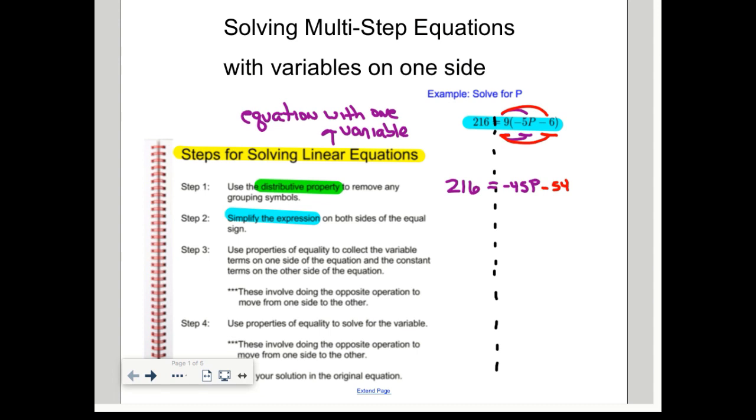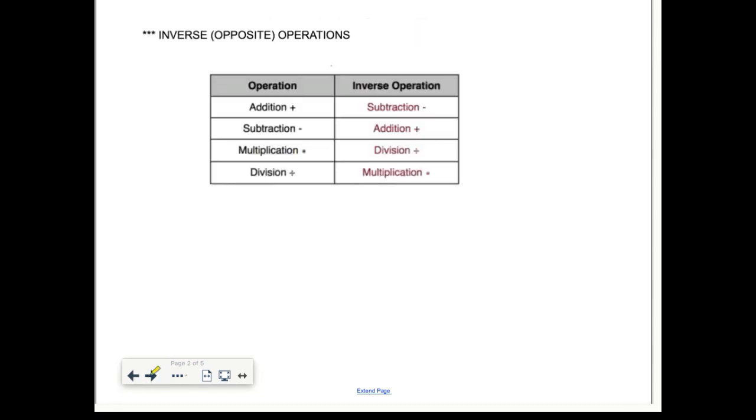Now step 3 says use properties of equality to collect the variable terms on one side of the equation and the constant terms on the other side of the equation. So again, properties of equality, and we want the variables on one side and we want the constants on the other side. This is going to involve us doing the inverse operation. And if you look on your next page below these directions, these are your inverse operations.